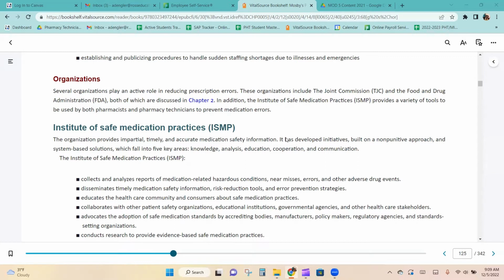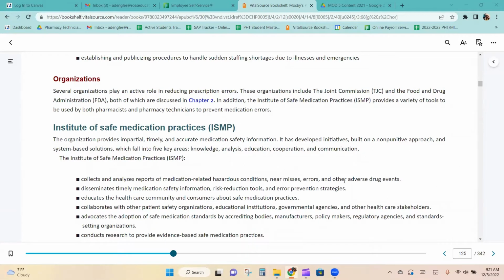So the ISMP, the organization, provides impartial, timely, and accurate medication safety information. It has developed initiatives built on a non-punitive approach and system-based solutions, which fall into 5 key areas: knowledge, analysis, education, cooperation, and communication.